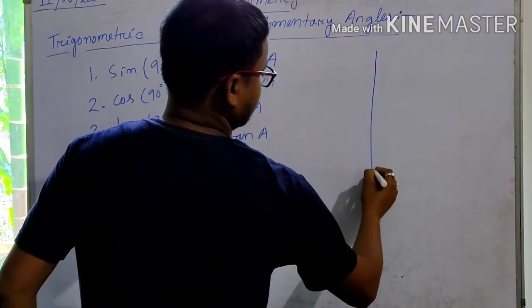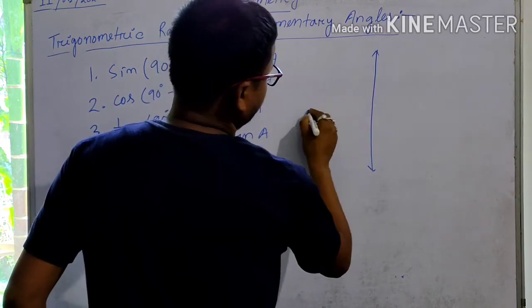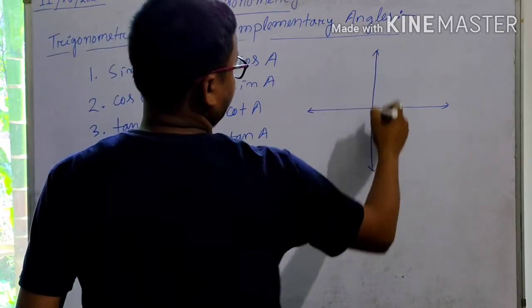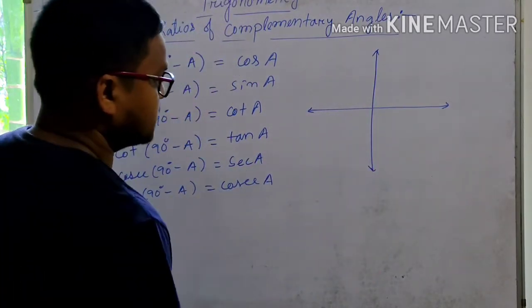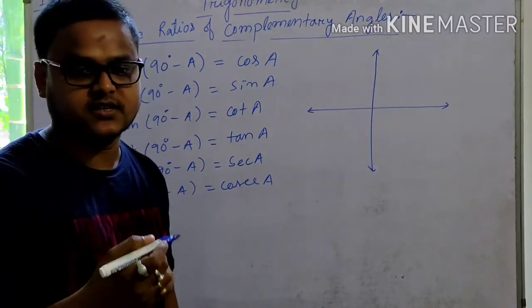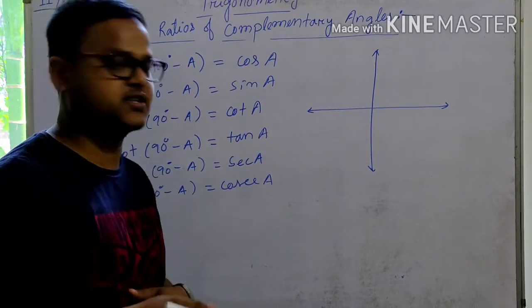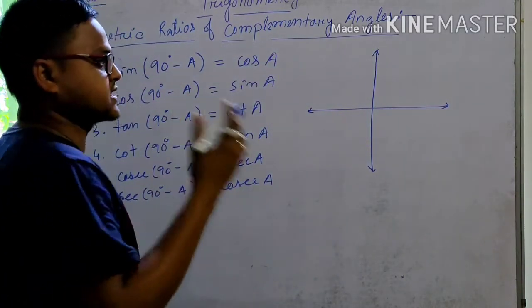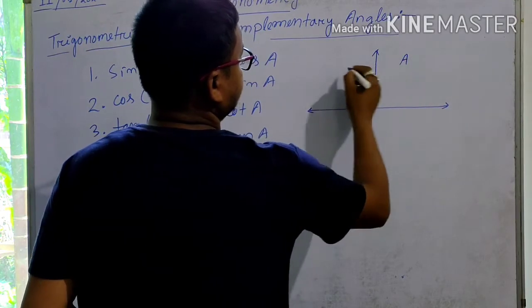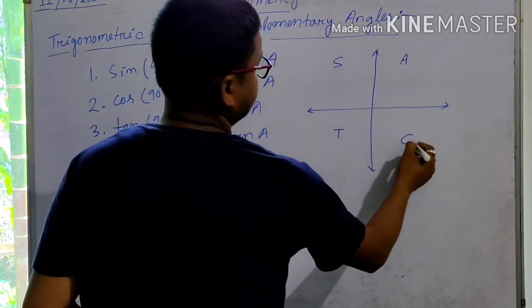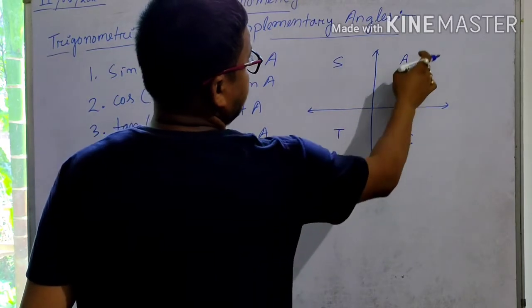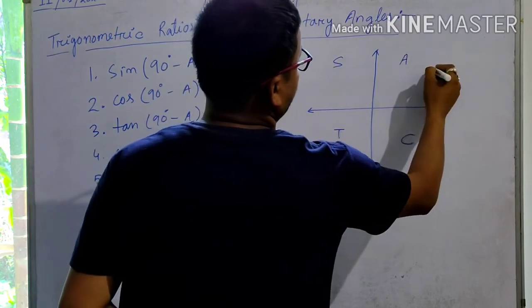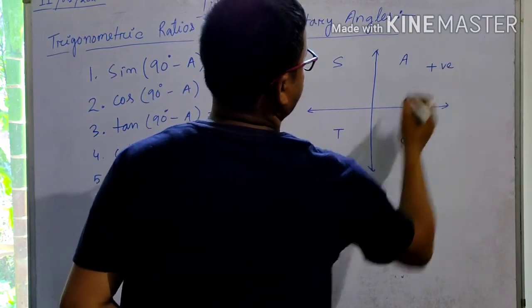You know the Cartesian coordinate plane, this is the coordinate plane. So you know about ASTC, that is the Assam State Transport Corporation. A means all trigonometric ratios are positive here.